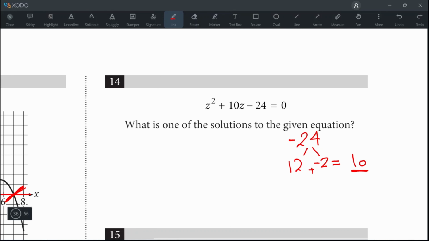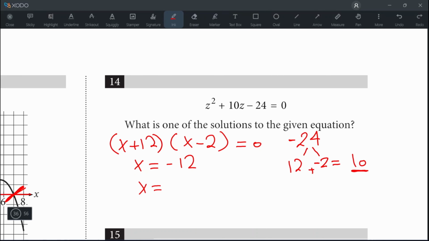So now the factors of our quadratic function are x plus 12 and x minus 2. So if we solve for x, we'll get one solution that's equal to negative 12 and another solution that's equal to 2.